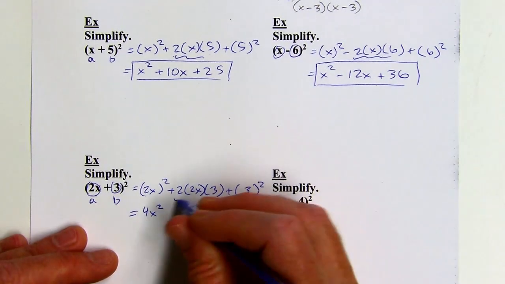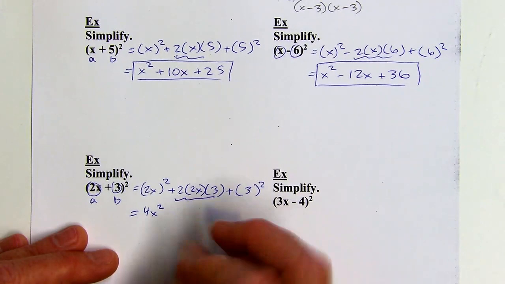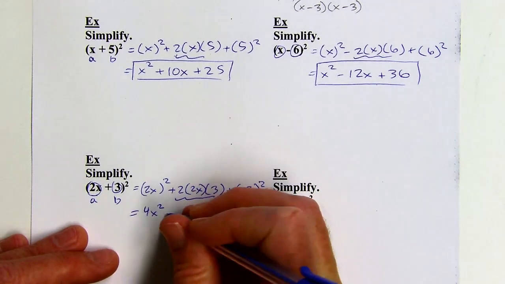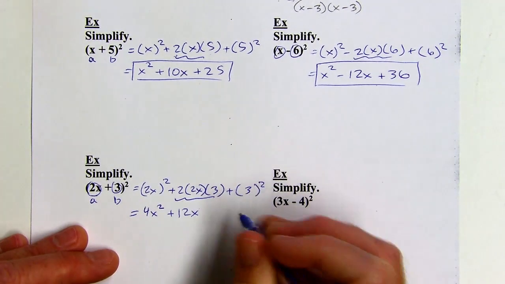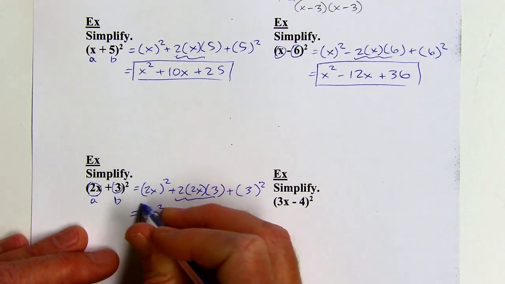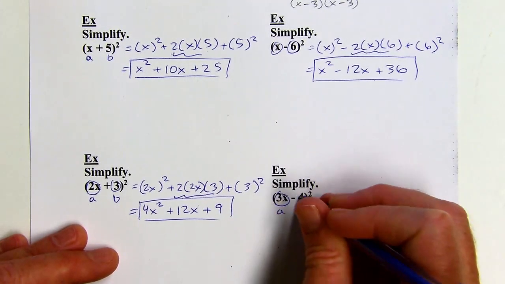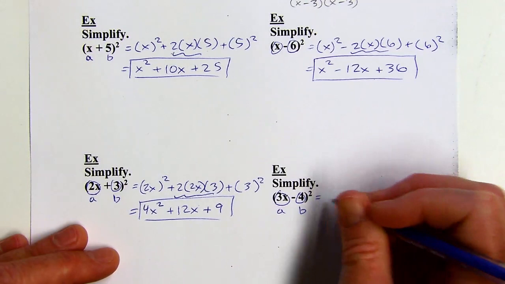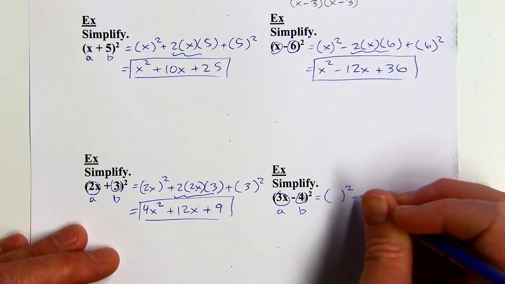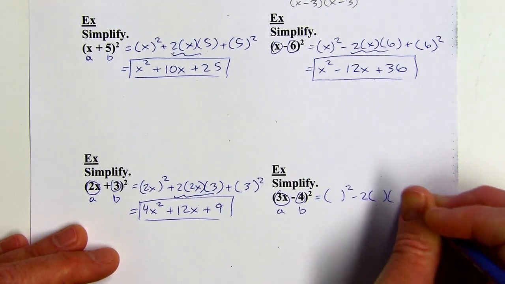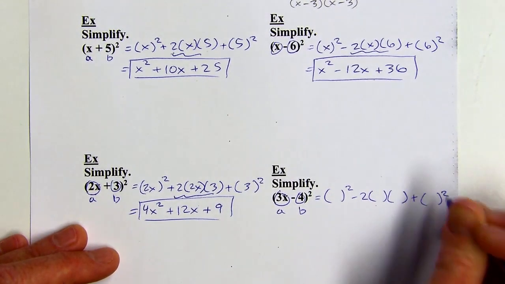Okay. Then here I do the multiplication. Let's see, that would be 4x times 3 is 12x, and then 3 squared is 9. Okay. All right, this one, there's my A, there's my B, and the pattern is going to be A squared minus 2AB plus B squared.